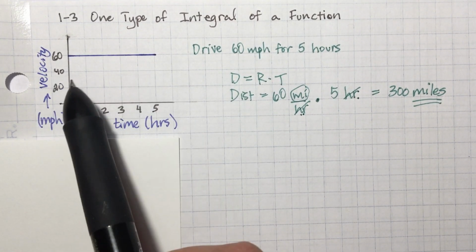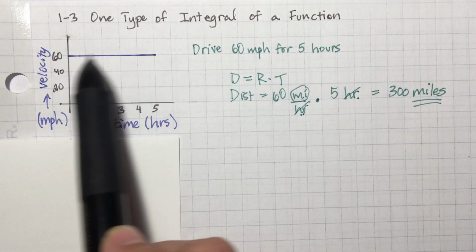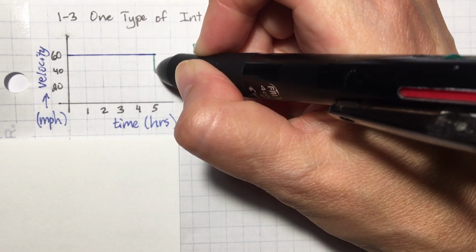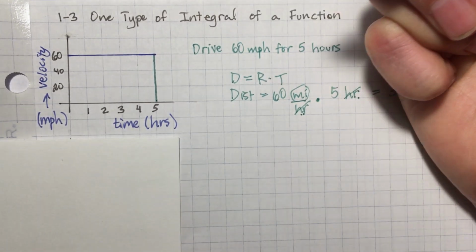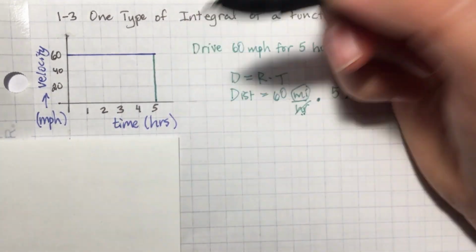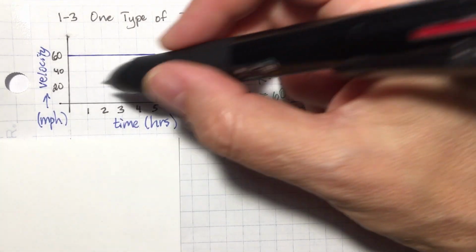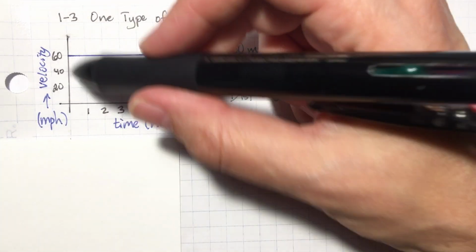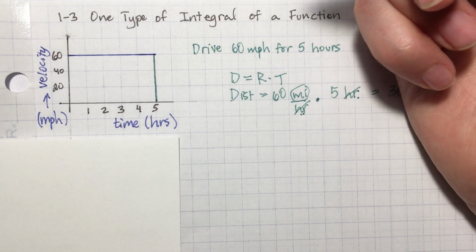If you have 60 miles an hour shown on that horizontal line, look at this guy right here, this rectangle. Now bear with me on this. We could say that this rectangle is 5 hours wide and 60 miles per hour tall.